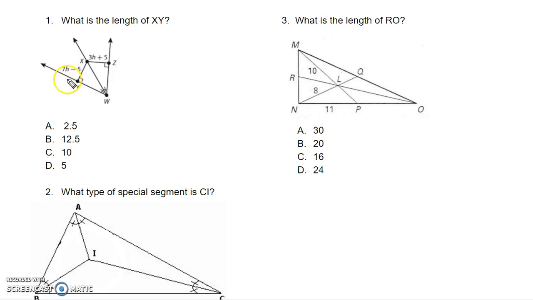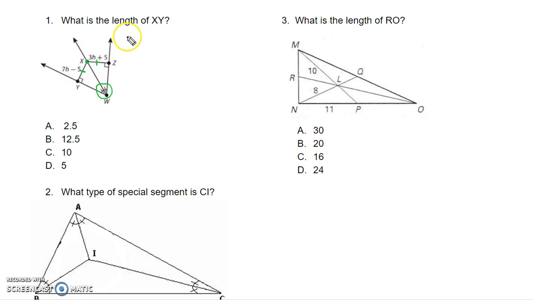Okay, well, based on this information here, this is an angle bisector because it's splitting the angle into two congruent pieces. One of the properties of the angle bisector was any point along the angle bisector, such as x, is equidistant to the sides. So that means 3h plus 5 and 7h minus 5 are equal distance away.